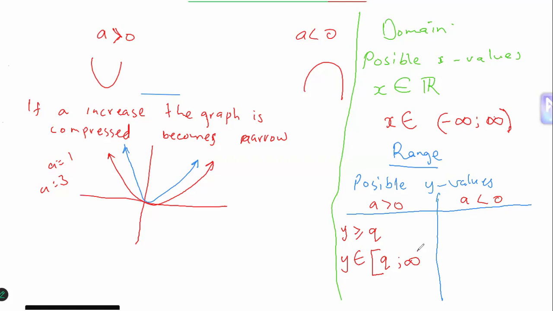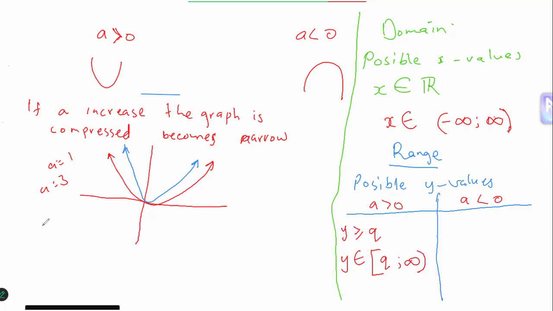But for negative and positive infinity, the bracket is a round bracket. So this is how you write the range of a parabola. If a is positive, then you just say y is greater than or equal to q.